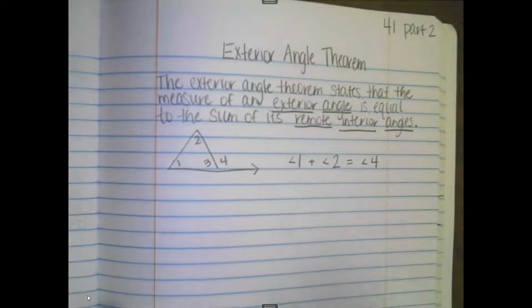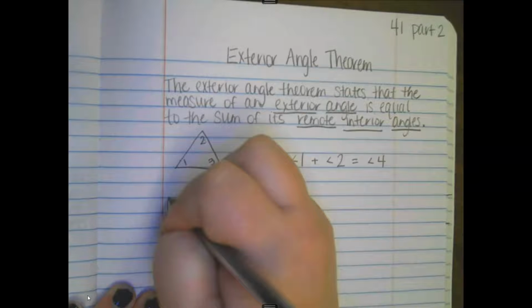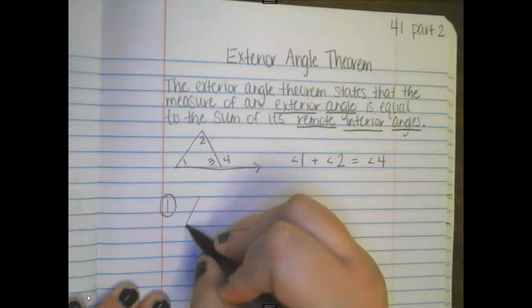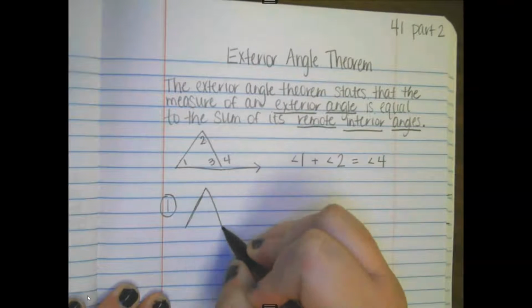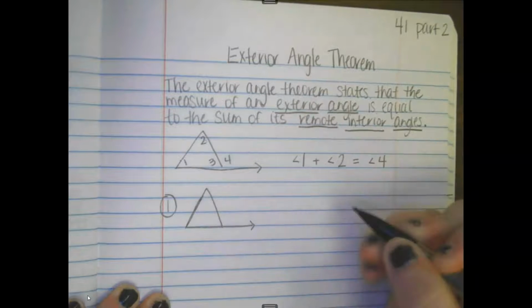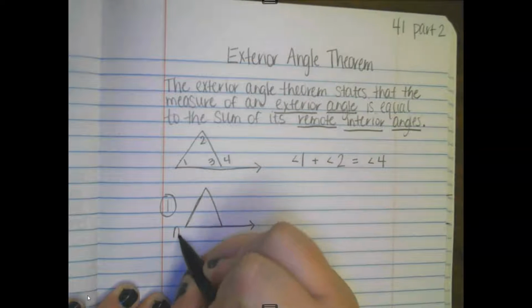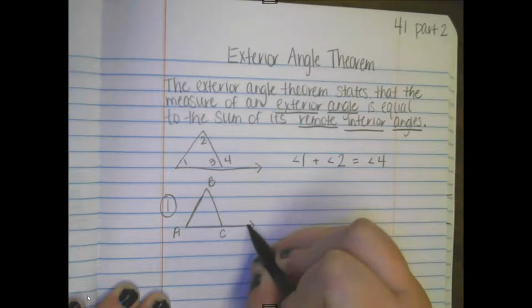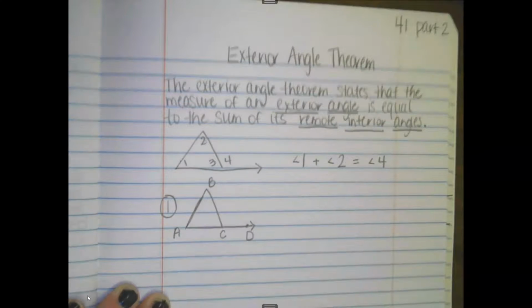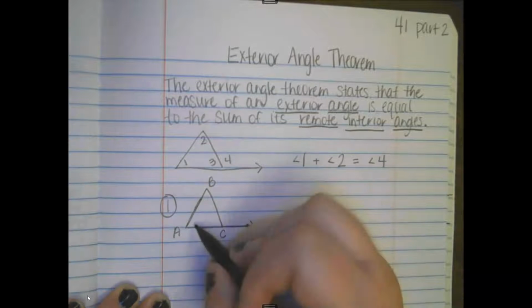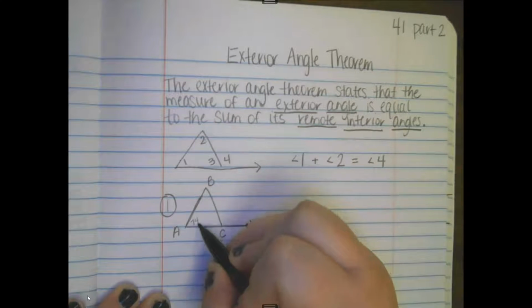So we're going to look at a couple of examples. So our first example, we're going to label A, B, C, and then we're going to put a point over there to be D. And we're going to say this angle is 74.